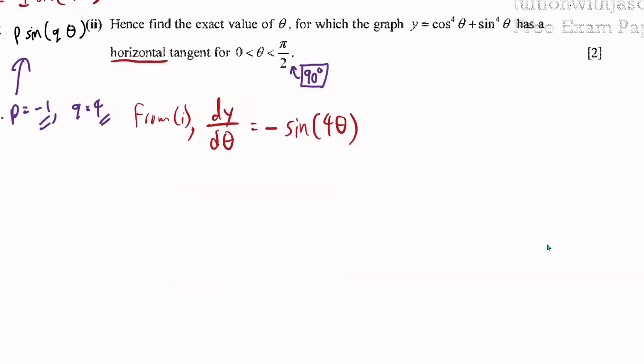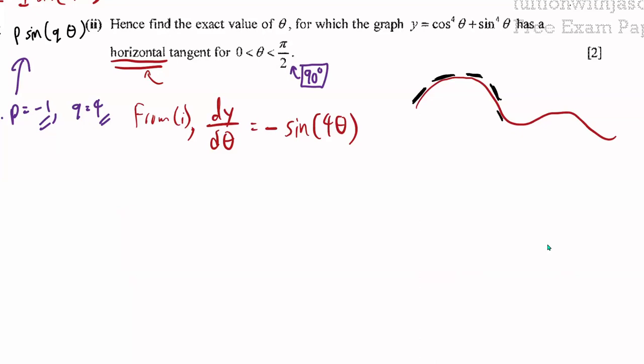Then what does it mean when they say over here horizontal tangent? Has a horizontal tangent. The curve can look very, very crazy, very, very funny. But what is a horizontal tangent? Tangent lines are these guys, right? Just touching.